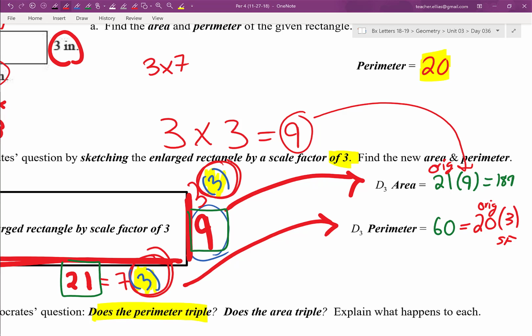So to find the new area, you don't just multiply the original area by the scale factor. You multiply by the scale factor, what times itself? What's that called? You multiply by the scale factor squared. Because how many times is that scale factor affecting the shape?